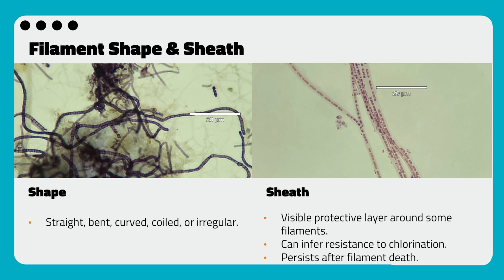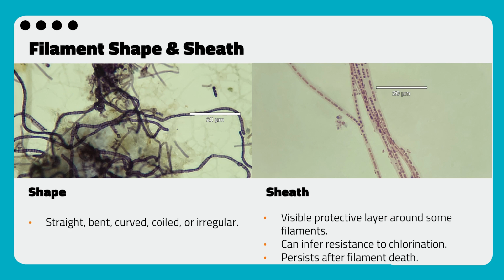We also look for a sheath within the filaments. As I mentioned before, a filament is just a chain of bacteria cells, but some filaments will develop a sheath around that chain, which protects it from the environment. Then some of the bacteria within that chain can die and disappear, and the totality of the filament will still remain.